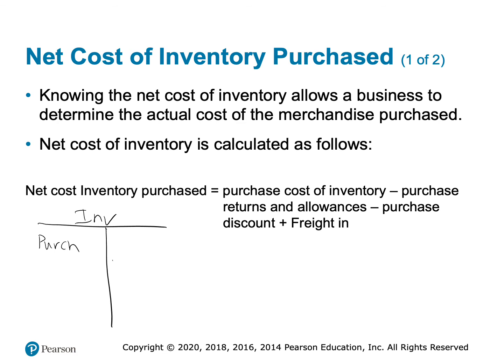We credited inventory for purchase returns and allowances. We credited inventory for purchase discounts, and we debited inventory for freight in. And so that would give us what's called the net cost of inventory, or the net amount of what this inventory actually cost us.